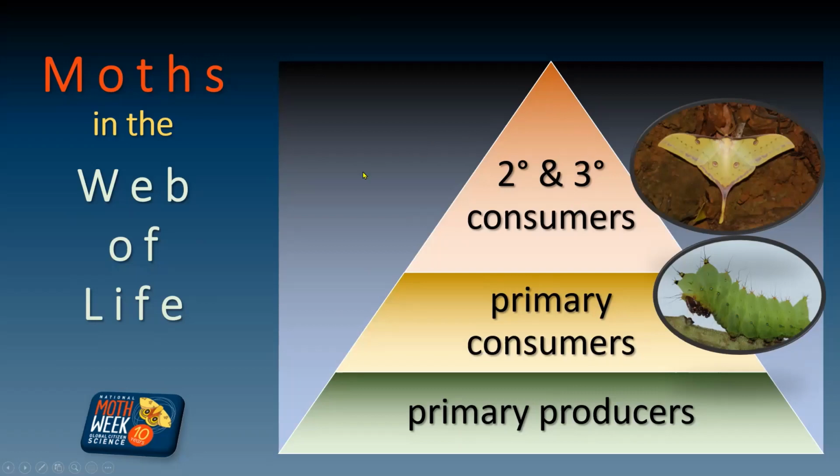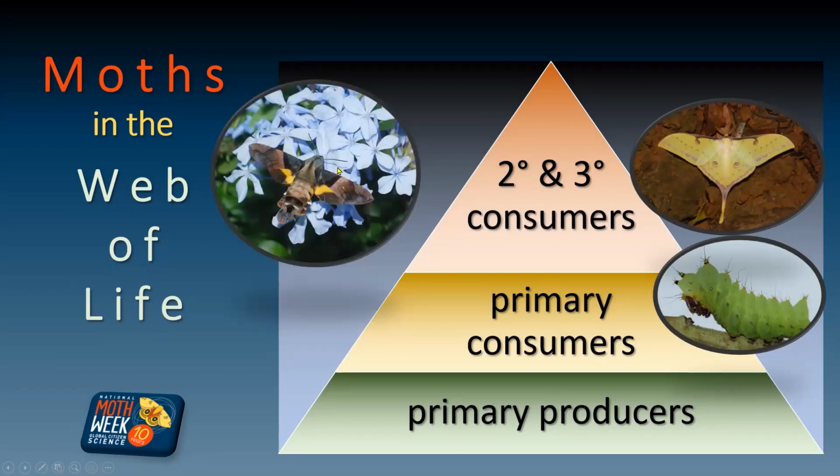So the web of life takes into account not just production and consumption, which is a process, but other processes like pollination and recycling. And the web itself, of course, comprises all the species, not just butterflies and moths, that make up life on Earth.